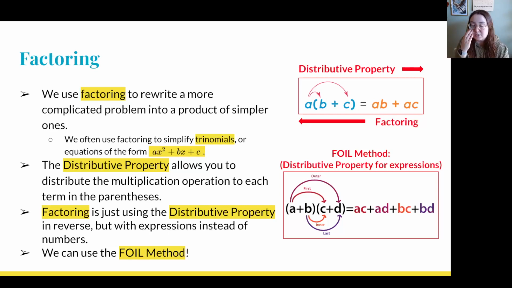When you multiply that all out, it turns into a times c, the first, plus a times d, the outer, plus b times c, the inner, plus b times d, the last. So that's the FOIL method for multiplying out two binomials using the distributive property.